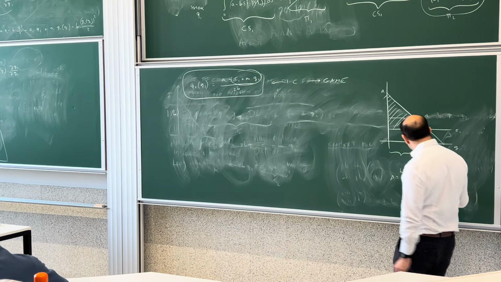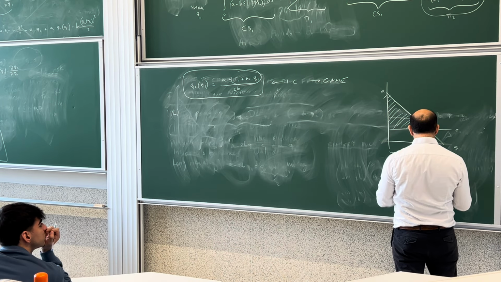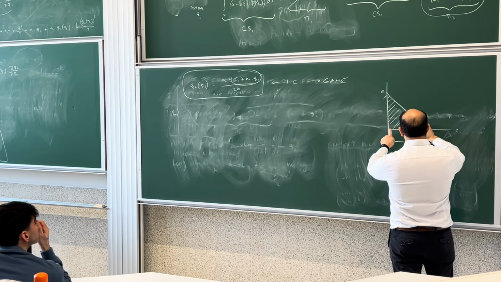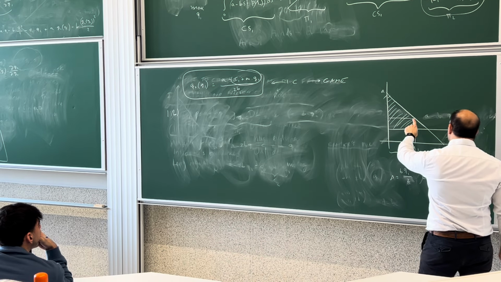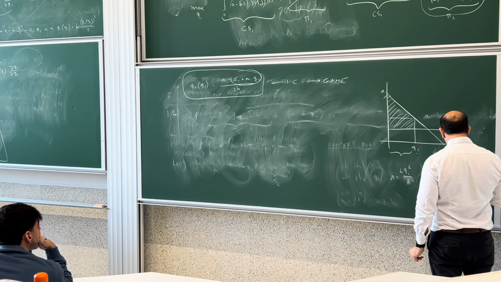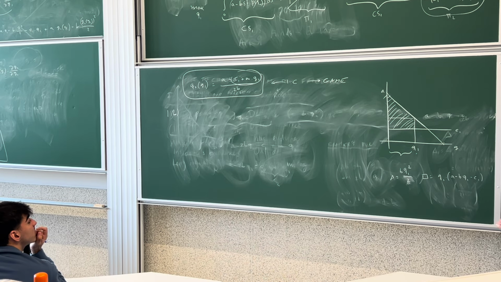And then the rectangle is even easier because it's going to be Q1 times the height of this. And the height of this is the price, which is A minus B times Q1 minus C1. Right?